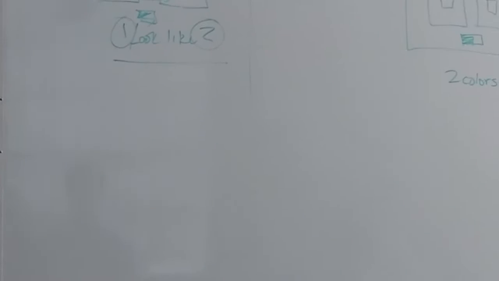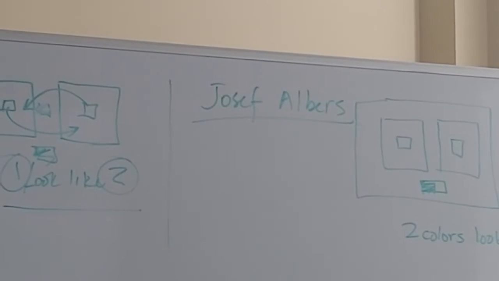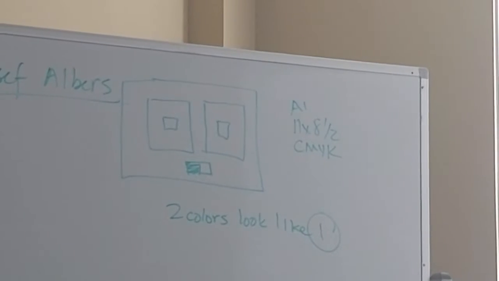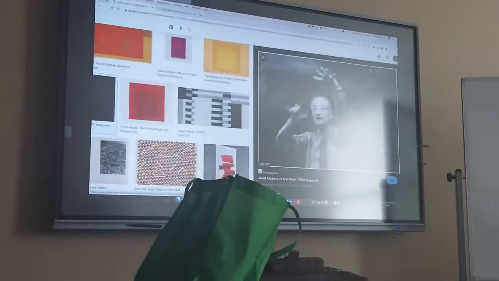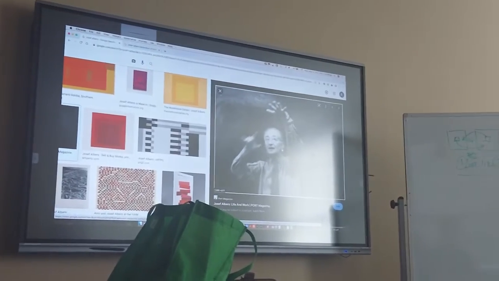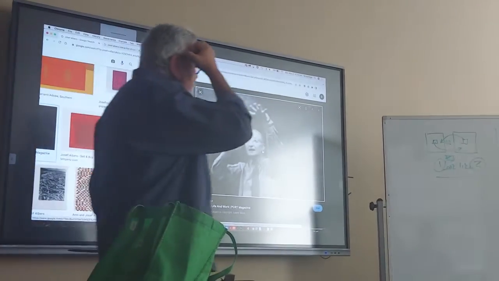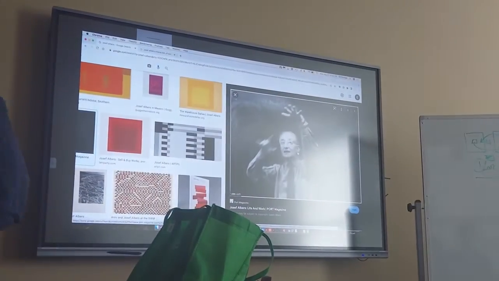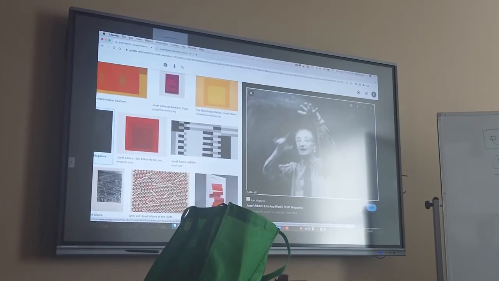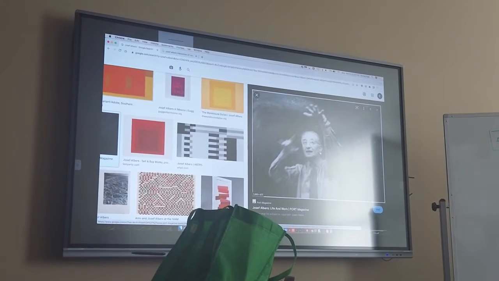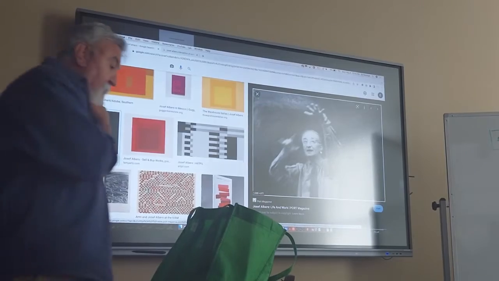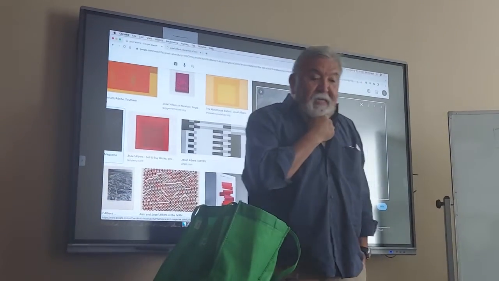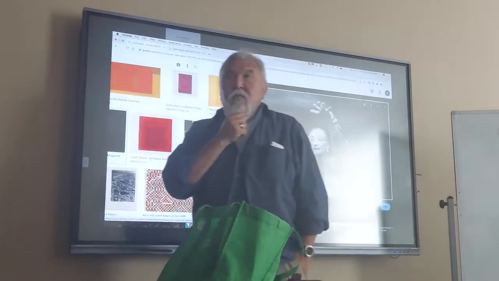Mr. Albers, who's no longer living, was known as the great grandfather of color education. This is him here. He had a remarkable history. He was born in Germany and went to a school called the Bauhaus, and because of the German war, he fled Germany. Actually, let me back up.